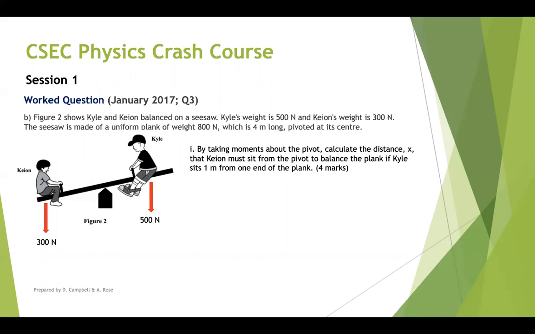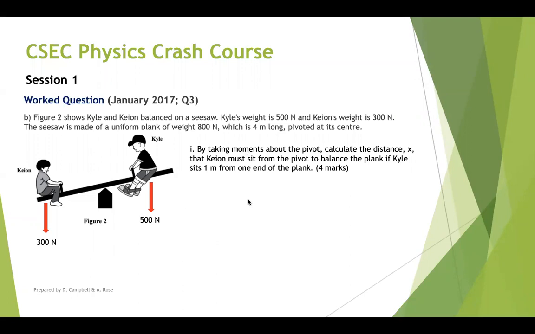Now, by taking moments about the pivot, you're asked to calculate the distance x that Keon must sit from the pivot in order to balance the plank if Kyle sits 1 meter from one end of the plank. All right. Now note that the question specifically tells us to take moments about the pivot.